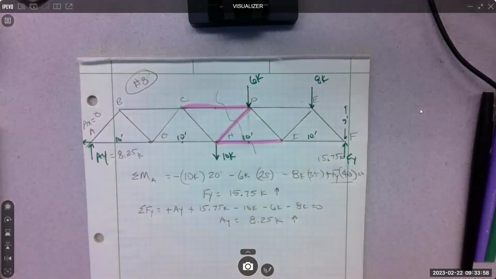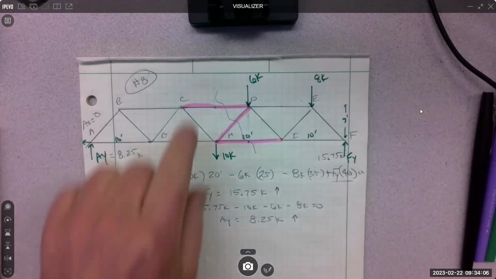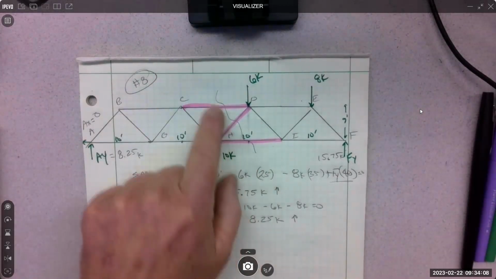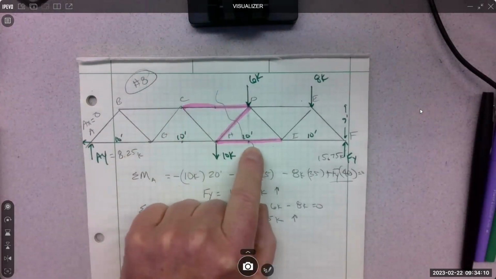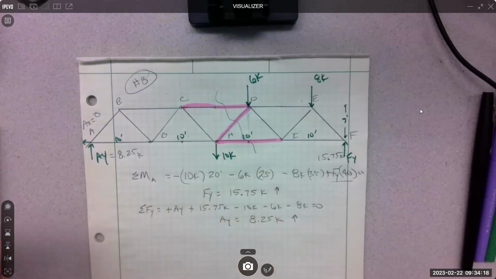When you do your cut for method of sections, make sure you're only cutting through three or less. You can cut through less, but not more. When you cut through it, those members that you cut through become forces, and you draw the truss to the right or to the left of your cut. Doesn't matter. Left side.